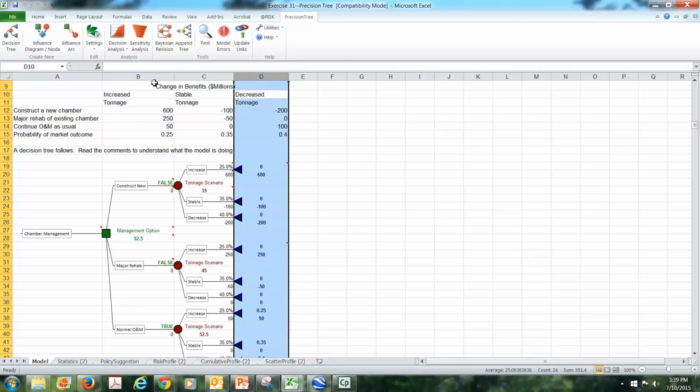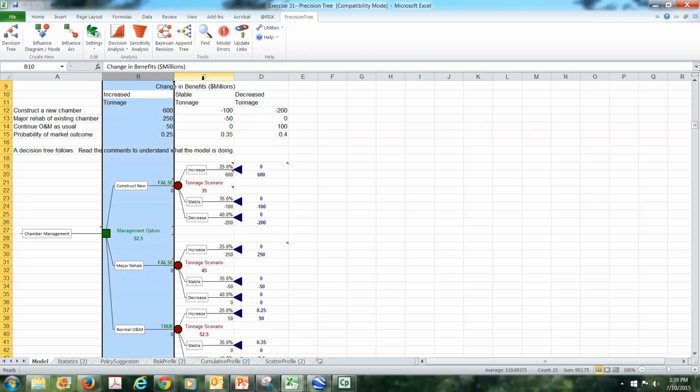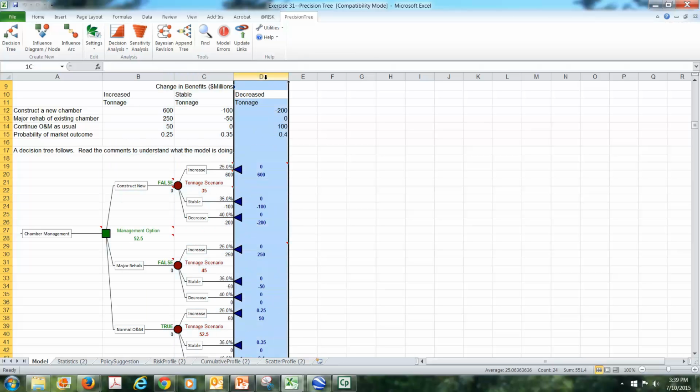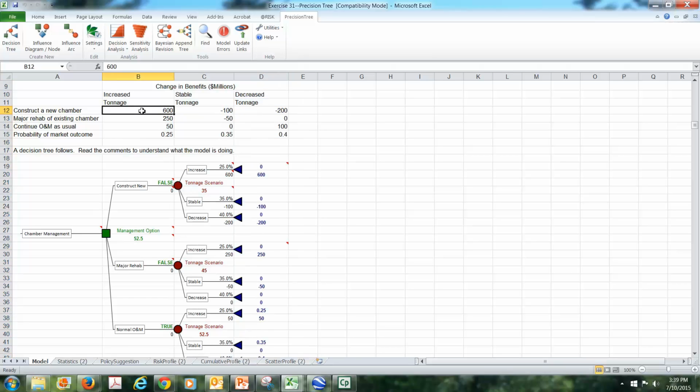Okay, so we have 3 different states of the world. This is one of the ways that we can identify uncertainty. Now, if we wanted to, when we look at these values, we could use distributions here, but we're just trying to learn how to build a decision tree, so we're going to keep it simple.